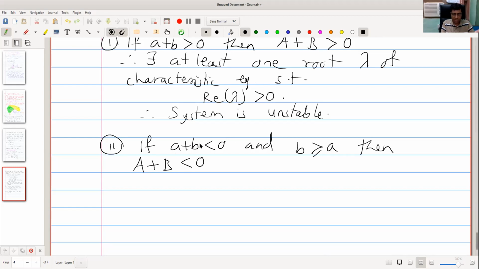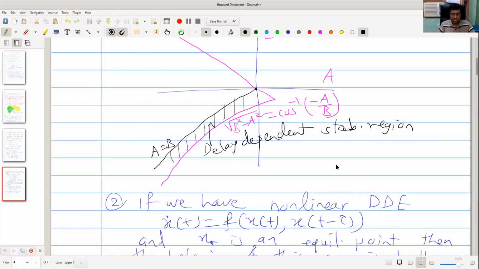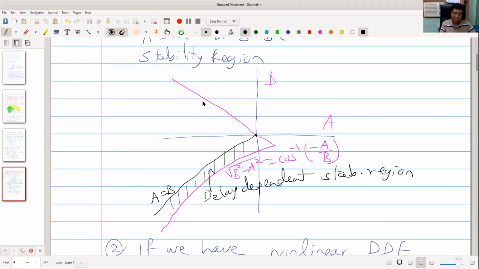Tau is positive, so the inequality sign is unchanged. So a tau plus b tau is less than 0, meaning a plus b is negative, and capital B is greater than or equal to capital A. Capital A plus capital B negative means we are below this pink line, and capital B greater than or equal to capital A means here. So we are in this region.